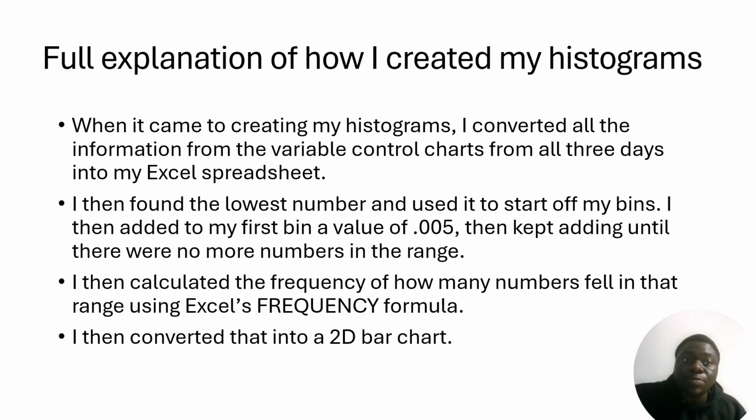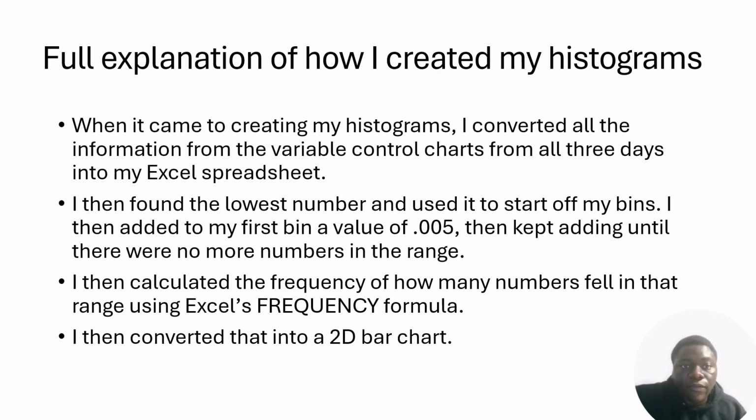And to finish it off, I just converted all that information into a line chart with markers. Finally, to explain how I created my histograms, I converted all the information from the variable control charts from day 1, 2, and 3 into my Excel spreadsheet in separate parts for each day. I then found the lowest number and used it to start off my bins.